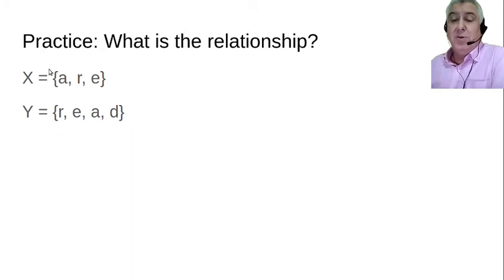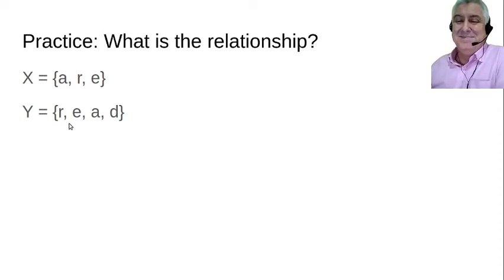So we want to know what the relationship is between these. I'm going to give you a second, look at it, write down what you think. This one doesn't count, so you can get it wrong and it won't matter.